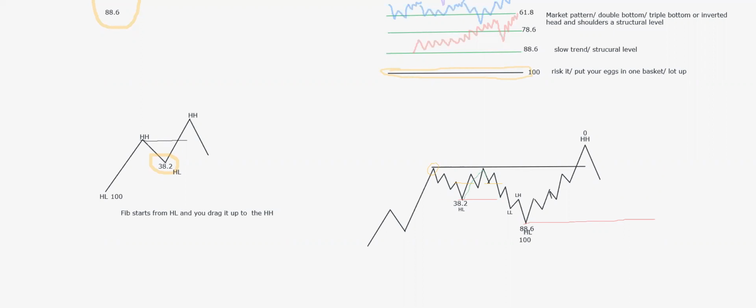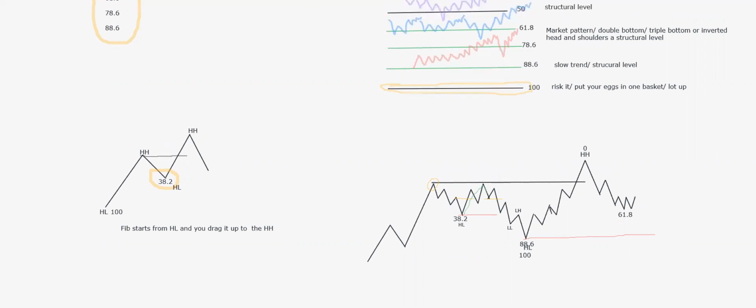All right, so if price starts creating patterns here, you automatically know, okay, this could be 61.8 or 78.6, right? It might give you a double bottom, right? And start making its way up here.